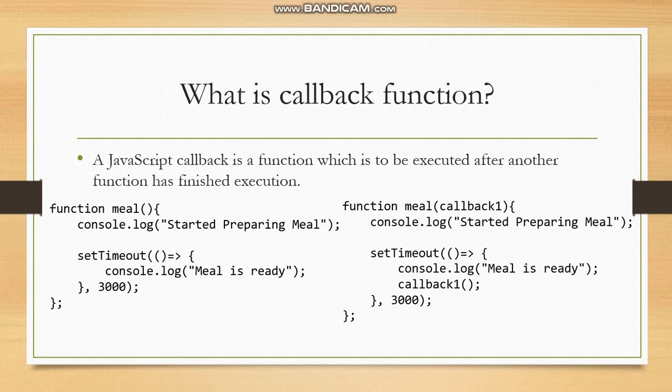Then we use this callback technique. As you can see, we have a parameter that is callback, and we are calling it out here. So after 3 seconds it would first print out meal is ready, and then it would call out this function. Actually this parameter is like a function, right? We'll see that in our VS Code, and it would be better explained there.